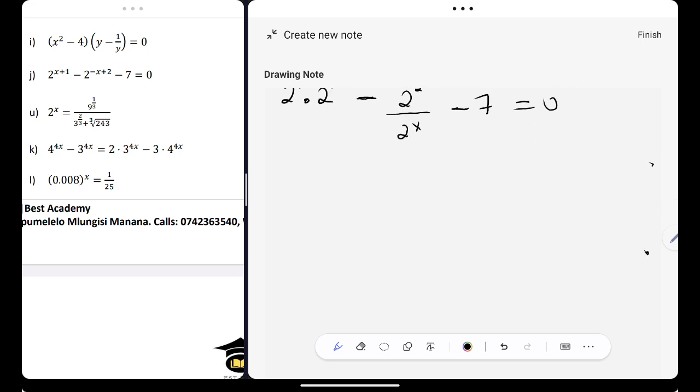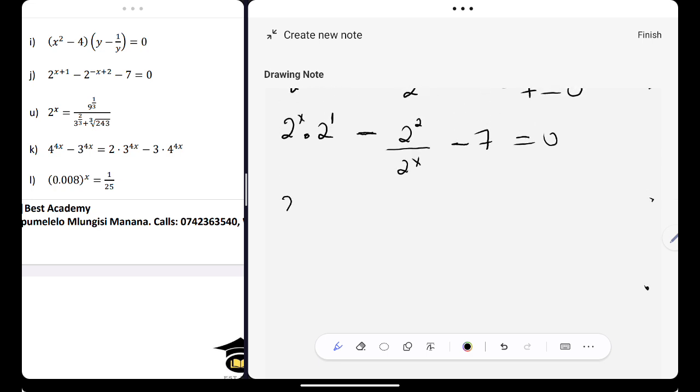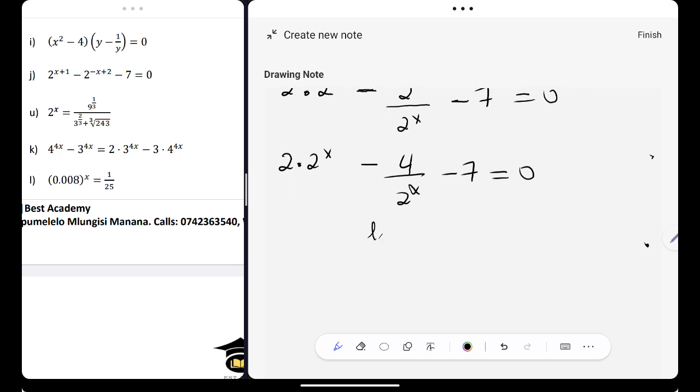This thing can be written as 2 multiplied by 2 to the x minus 4 over 2 to the x minus 7 is 0. Then I can say let 2 to the x equal to k.